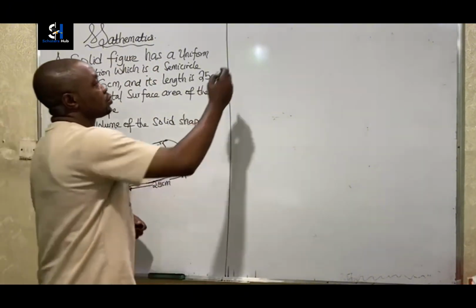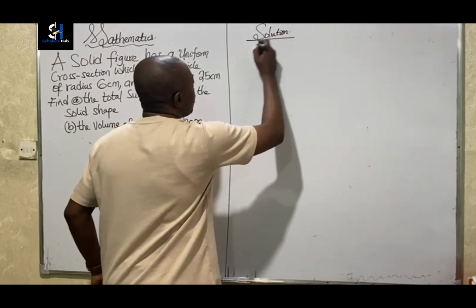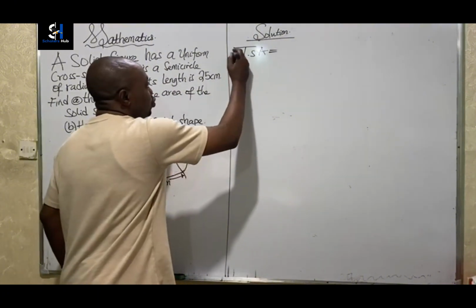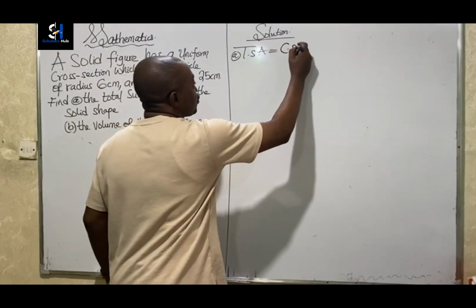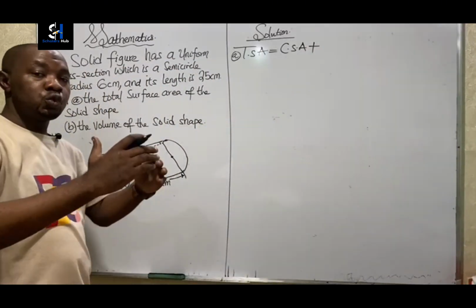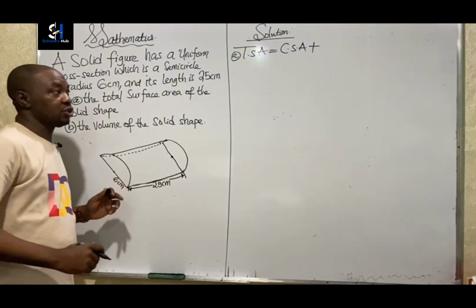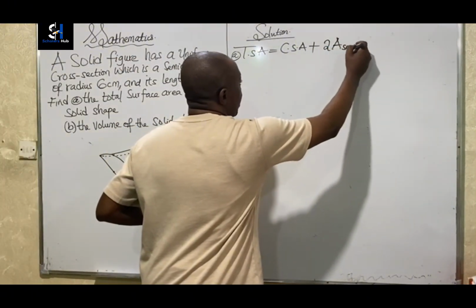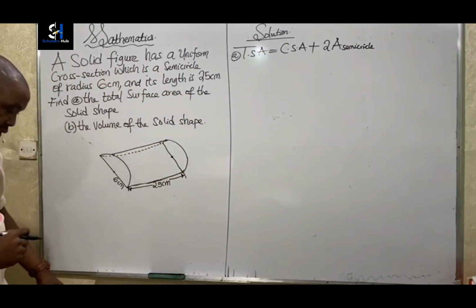The total surface area of a cylinder is the curved surface area plus the area of the two circular parts. But in this case, we have two semicircular cross sections, so that will be 2 multiplied by the area of a semicircle.